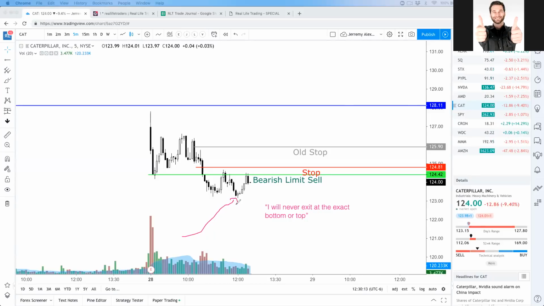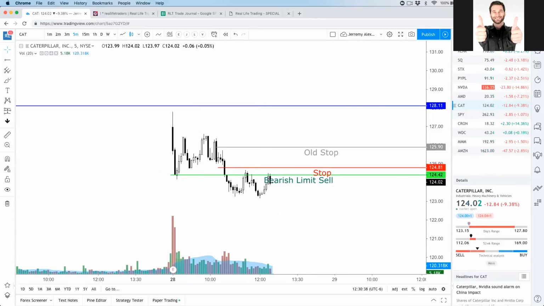If you understand that that is massively important in your trading, that you're never going to get in at the exact bottom or the exact top, it's okay to simply take some positions off the table. Lock in some small gains, lower stops, and be in a situation where you can lose very small.